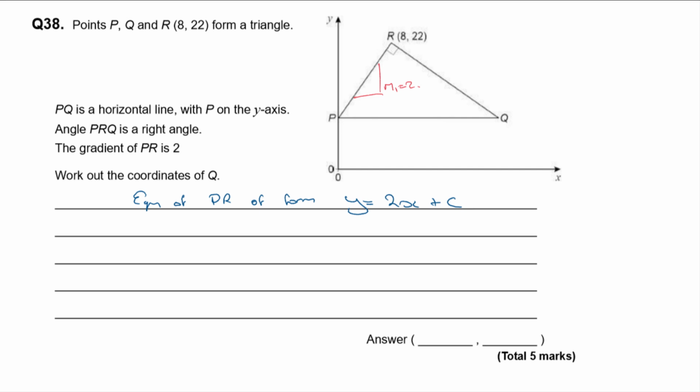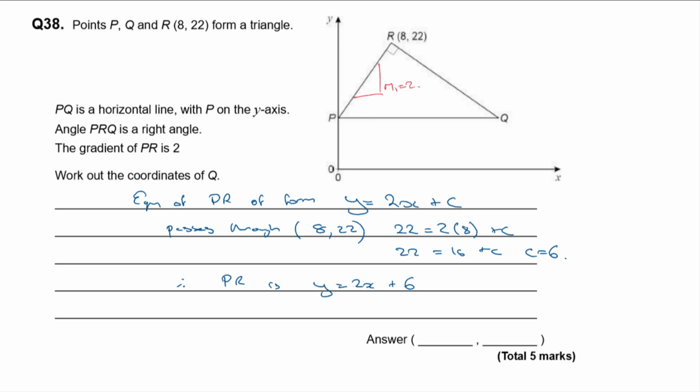And we know it passes through 8, 22, that point R. And so if we sub those in, we get 22 is equal to 2 lots of 8 plus c. 2 lots of 8 is 16. So c then must be equal to 22 minus 16. c is 6. And therefore, PR is y is equal to 2x plus 6.